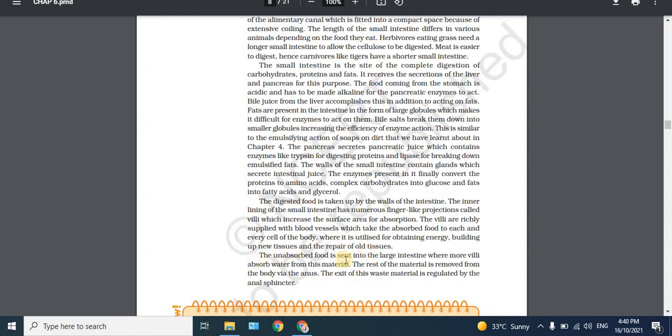The unabsorbed food is sent into the large intestine, where more villi absorb water from this material. The rest of the material is removed from the body via the anus. The exit of this waste material is regulated by the anal sphincter muscles.